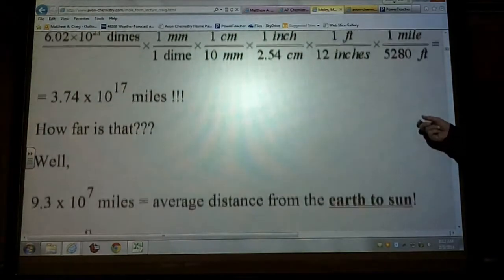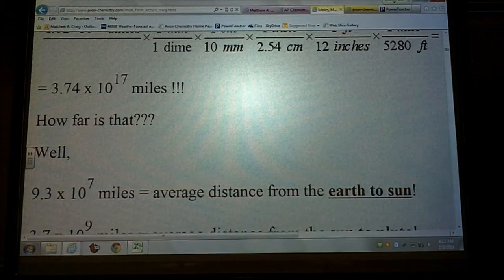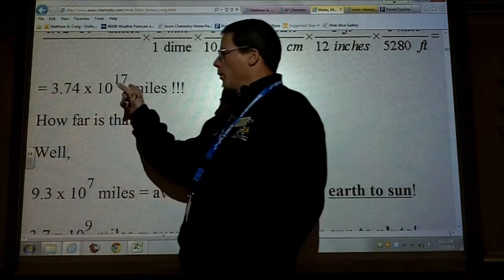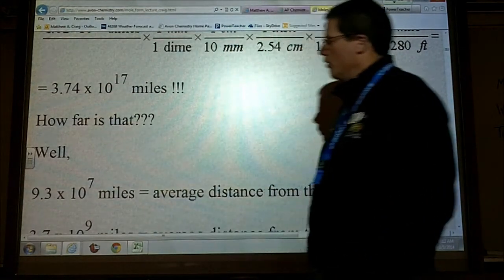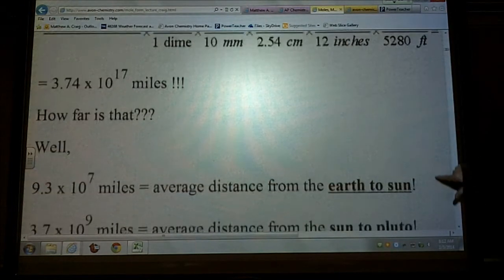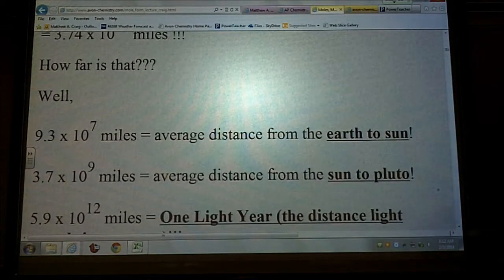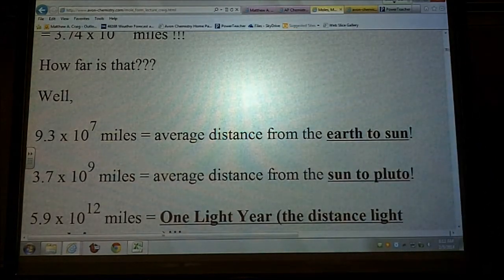Well, we know that 9.3 times 10 to the 7 miles is the average distance from here to the sun. Okay. So 9.3 times 10 to the 7, are we almost halfway there? Half of 17, a little under half, maybe. 3.7 times 10 to the 9 miles is the average distance from Sun to Pluto.